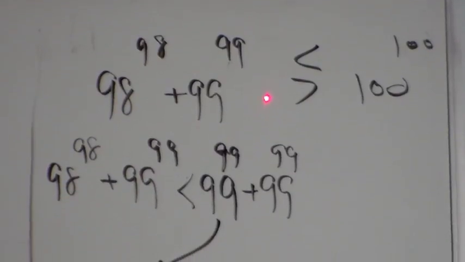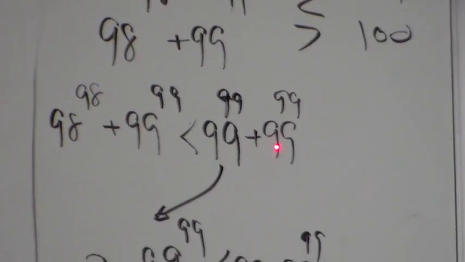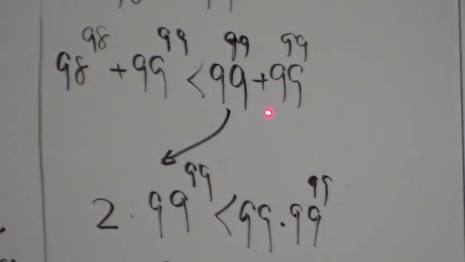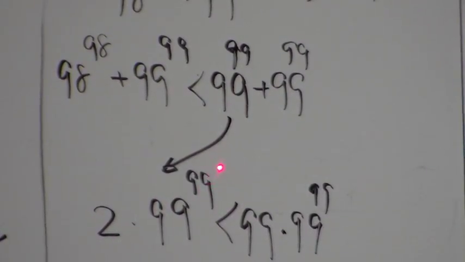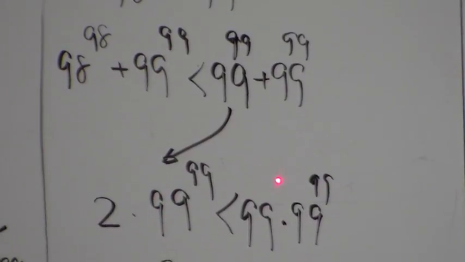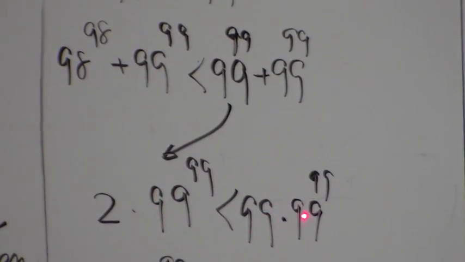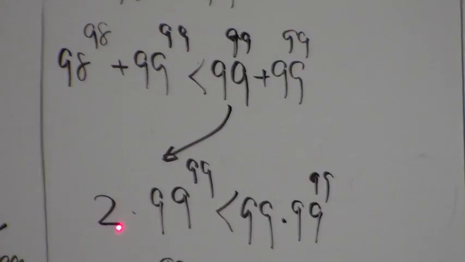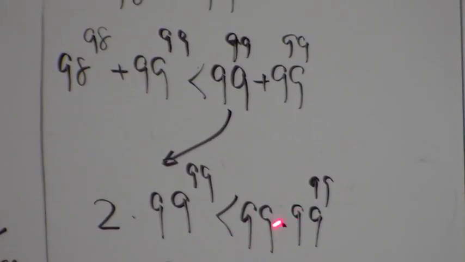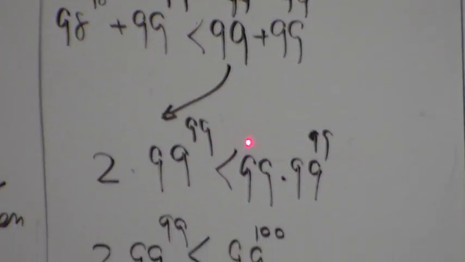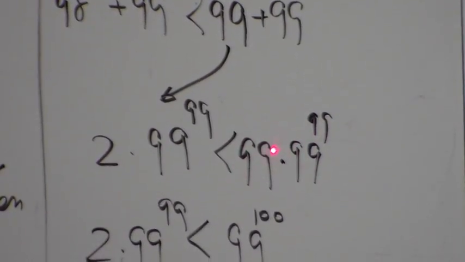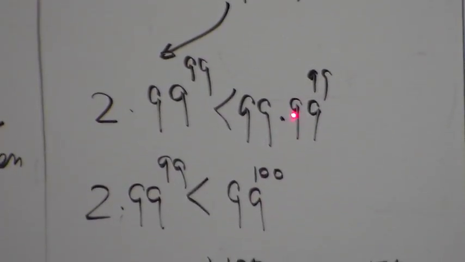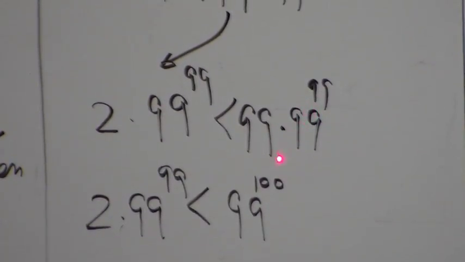So we can write this more simply: 2 times 99 to the 99th power, right? Then this is going to be less than 99 times 99 to the 99th power, right? This is 2, this is 99, so this part is much greater than this. We can change this one right there, but we're going to use the exponential property.